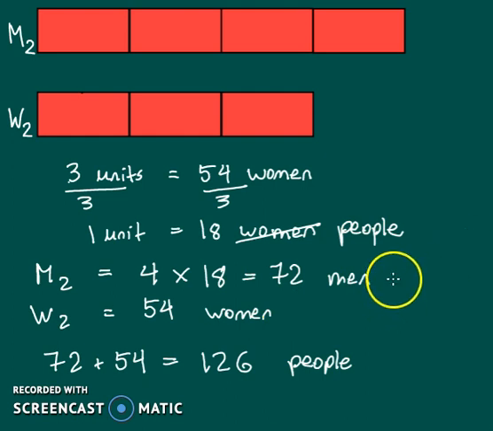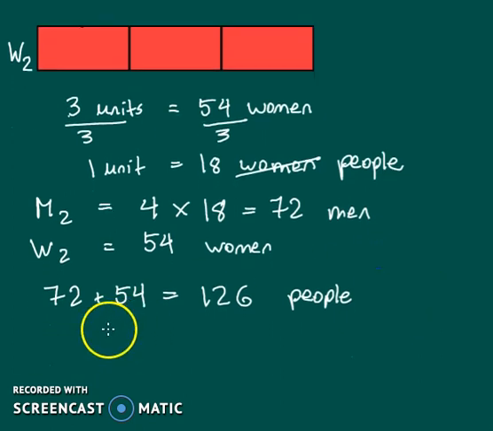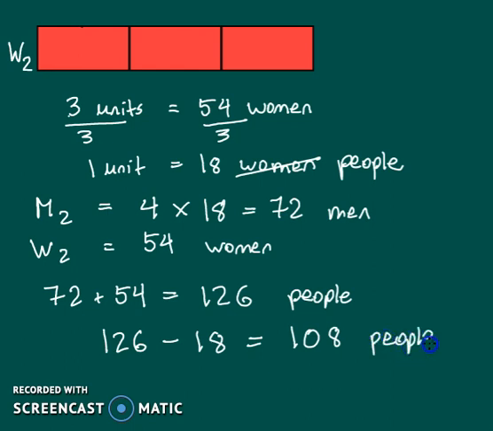Okay, so what else do we know? We know that at some point 18 people showed up, so before they showed up we had 126 minus 18 people, which is equal to 108 people.